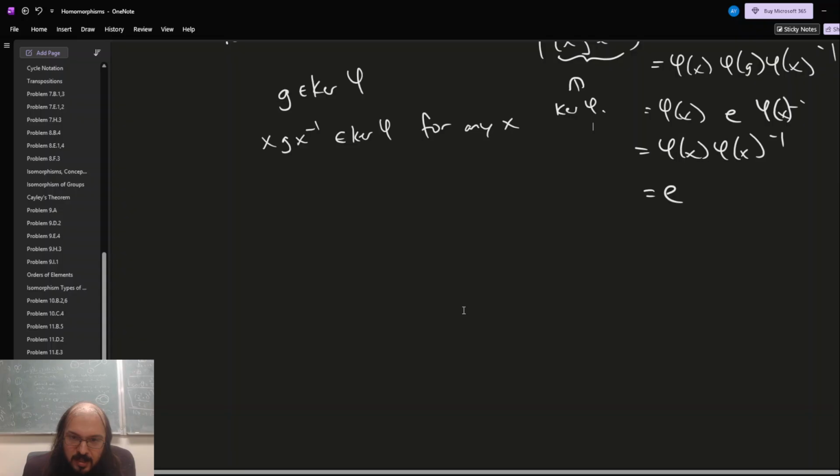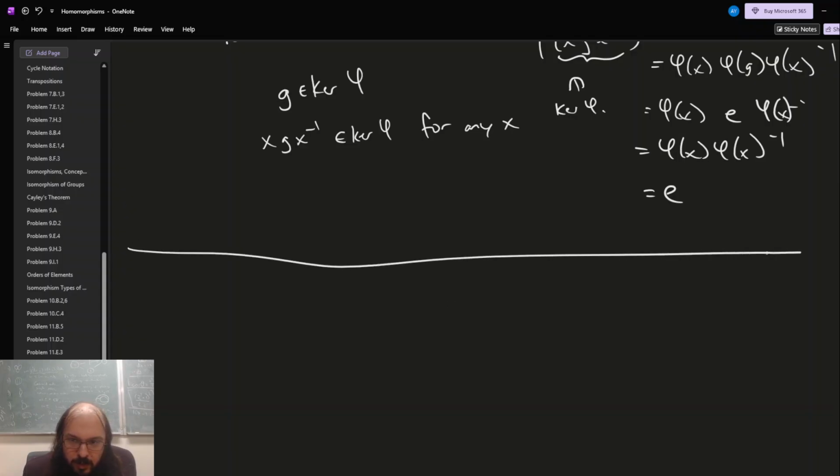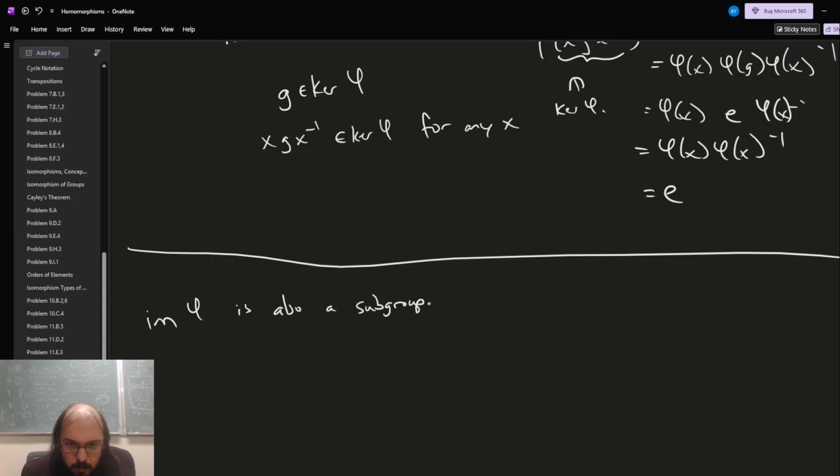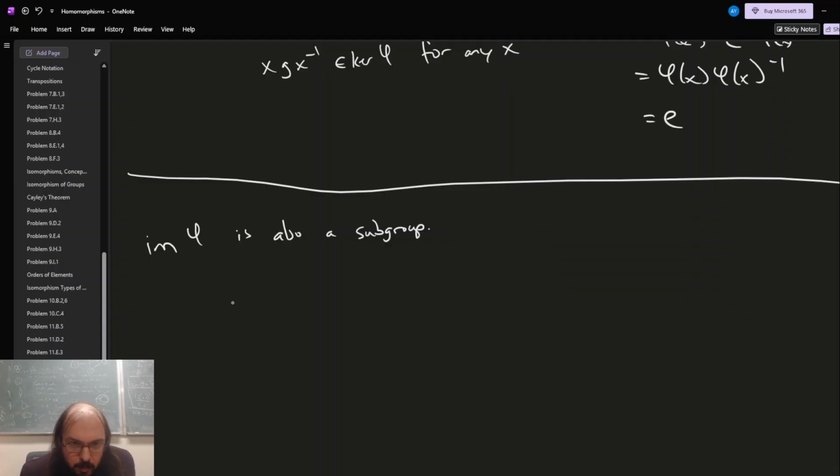All right, we got one last thing we have to do, which is to prove that the image of phi is also a subgroup. The proof of this is very straightforward, because what I need to do is see that e belongs to the image of phi, but of course this is true because phi of e equals e.